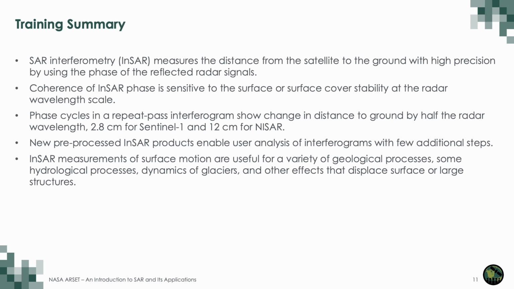So 2.8 centimeters for Sentinel-1 and 12 centimeters for L-band, which NISAR will be an L-band sensor. New preprocessed InSAR products enable user analysis of interferograms with few additional steps. And then finally, InSAR measurements of surface motion are useful for a variety of geological processes, some hydrological processes, dynamics of glaciers, and other effects that displace surface or large structures.